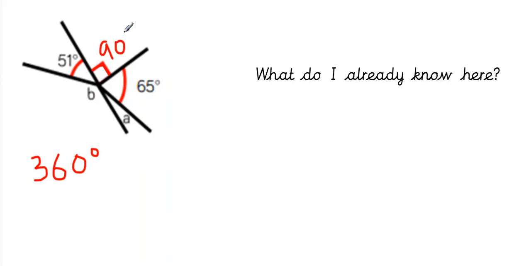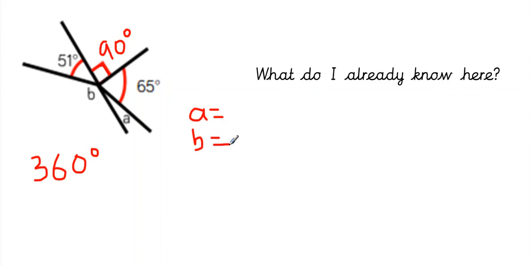Your right angles will more than likely be depicted by a square, there look, rather than a curve. Okay, so I've got 3 angles and I've got 2 to find. So I want to know what A is and what B is.